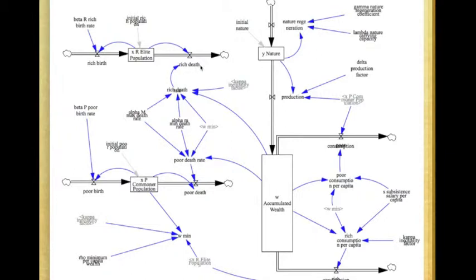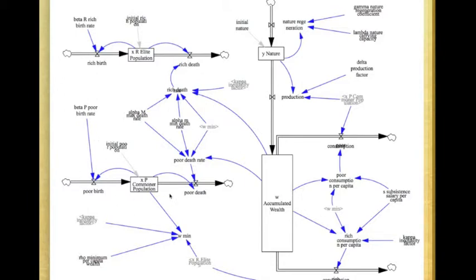Okay, the death rate is driven by the threshold, so the maximum alpha capital M and the minimum alpha little m. The inequality factor, and we'll see what these shadow or grayed out variables mean, and the minimum wealth, and those actually drive not only the death rate of the elites but also the death rate of the commoners.